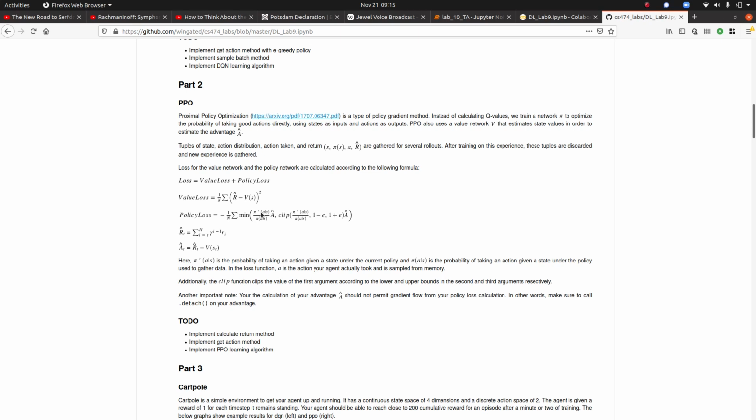So pi prime of s returns an action distribution, but pi prime of a given s takes that action distribution and gets the specific action out of it, right?